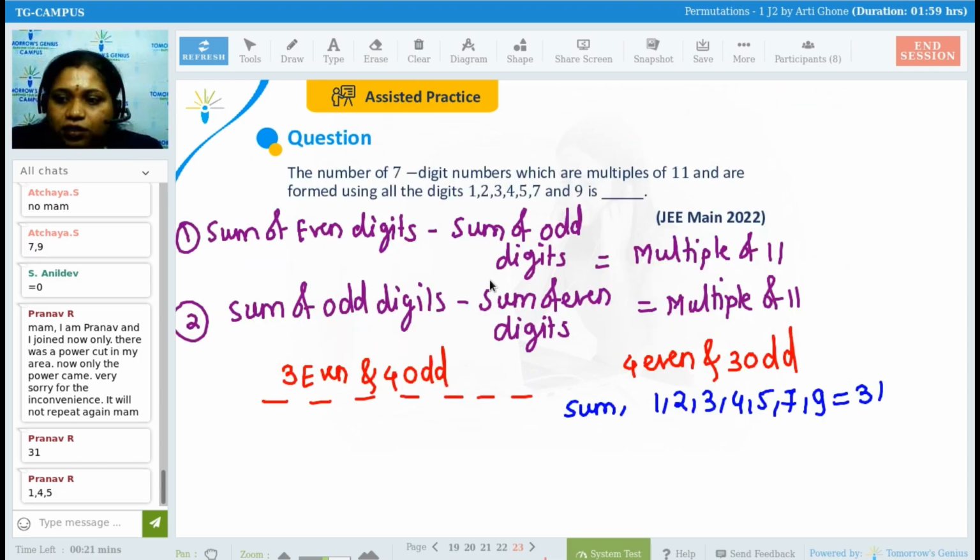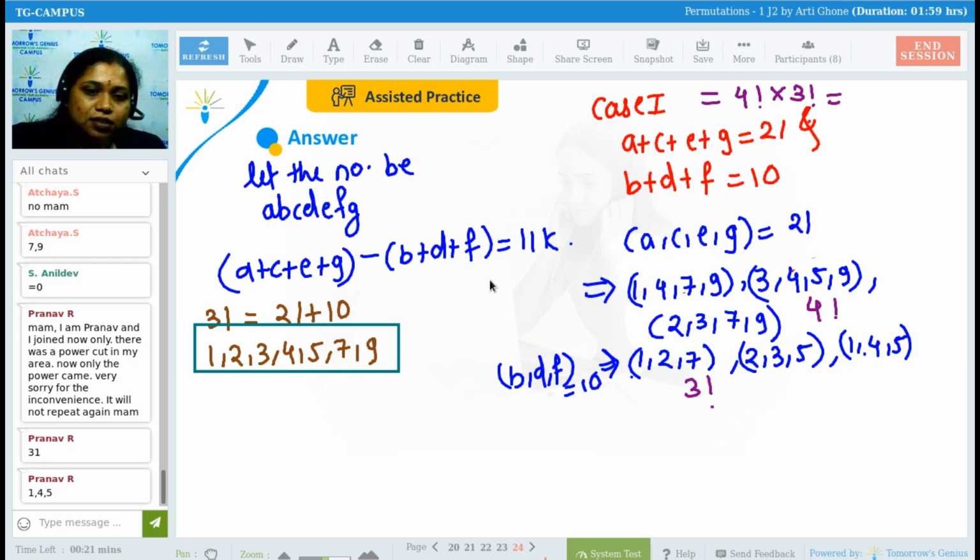Why 31? Because our digits are forming their sum as 31. Clear? Based on this, we created case 1. Case 1 is the 4-digit addition being 21 and the 3-digit addition being 10. And the reversible case we have kept aside.